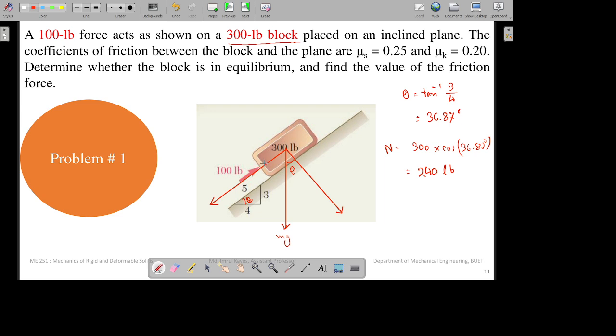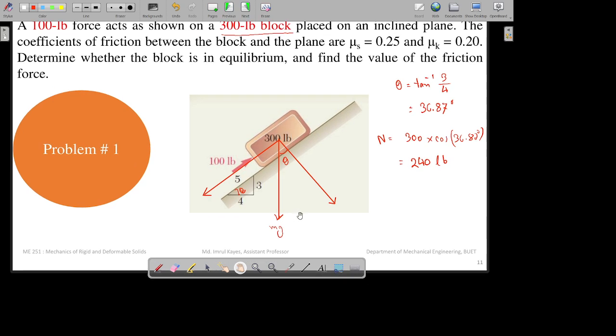If it is moving, then you will apply kinetic friction and determine its value. Let me first determine the static friction, because I don't know whether it is in motion or not. So the static friction will be mu s multiplied by n. mu s is given here, 0.20, multiplied by n, which we just determined, so that comes out to be 60 pound.